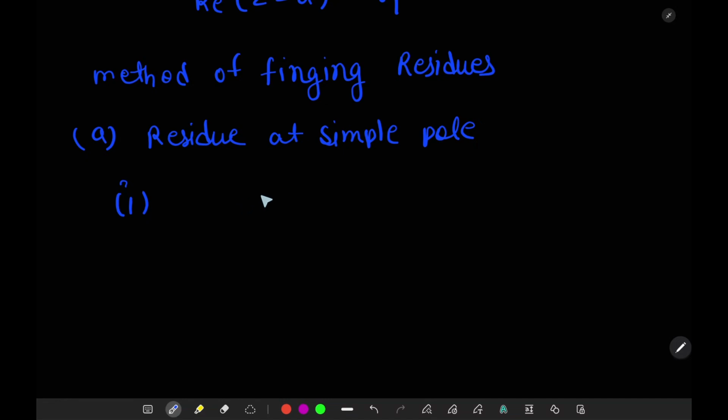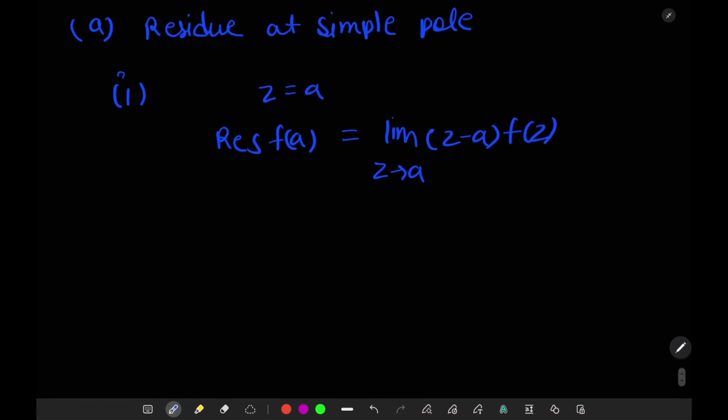If f(z) has a simple pole at z = a, then the residue of f at a equals the limit as z tends to a of (z - a) f(z).